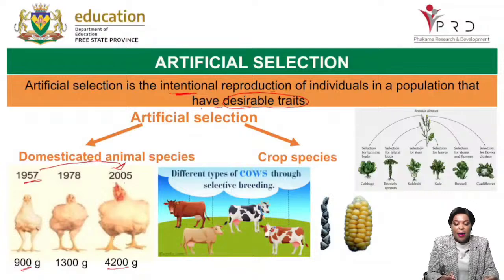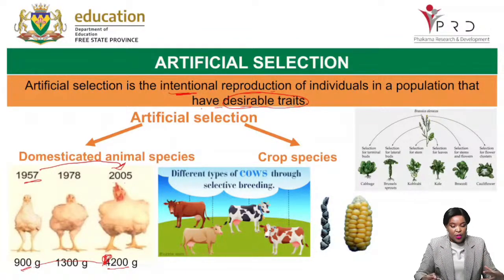So how did that happen? The humans selected the characteristics they wanted, and they started breeding the types of chicken they want with big muscles, so we can have more meat. It becomes meatier. You see? So that trait is controlled by the humans. You can also look at the different types of cows.